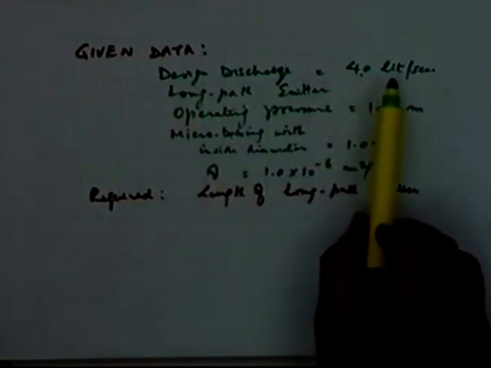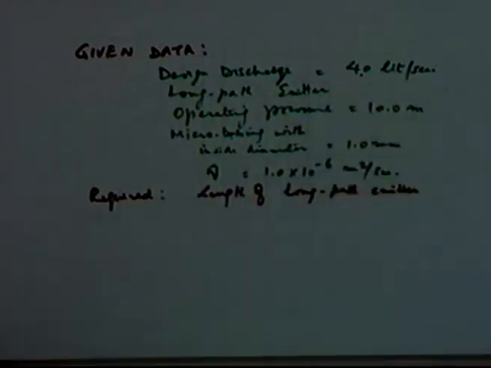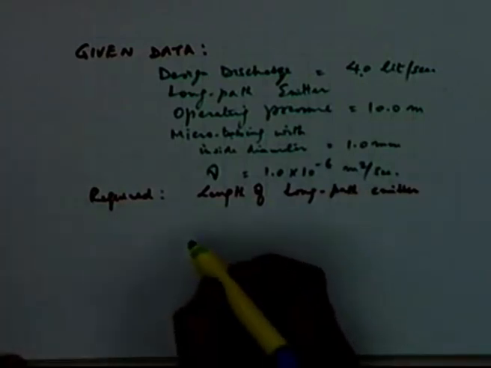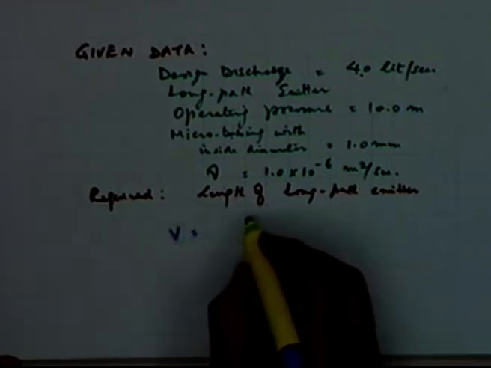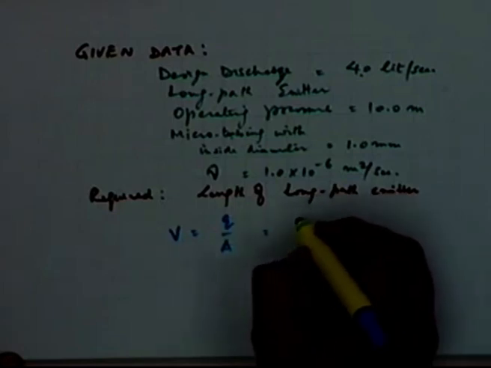That is, design discharge of 4 liters per second with the operating pressure of this, and the other quantities are given. In this case, you can find out the velocity because Q is given, area is known.